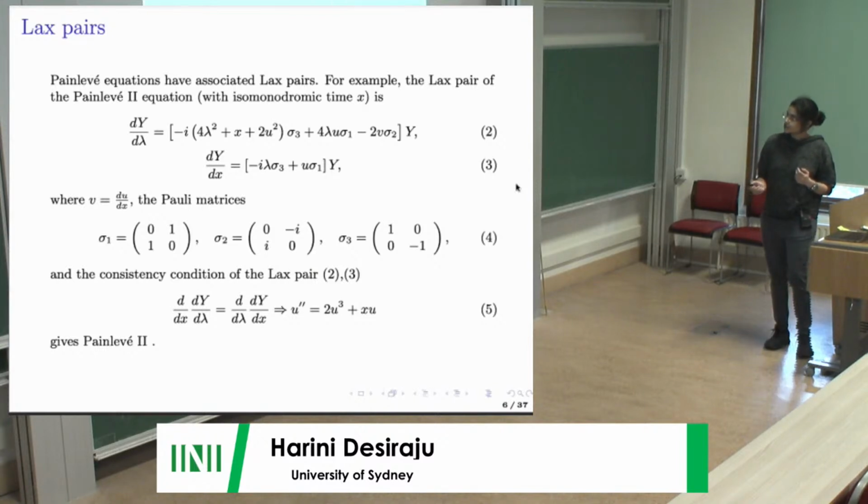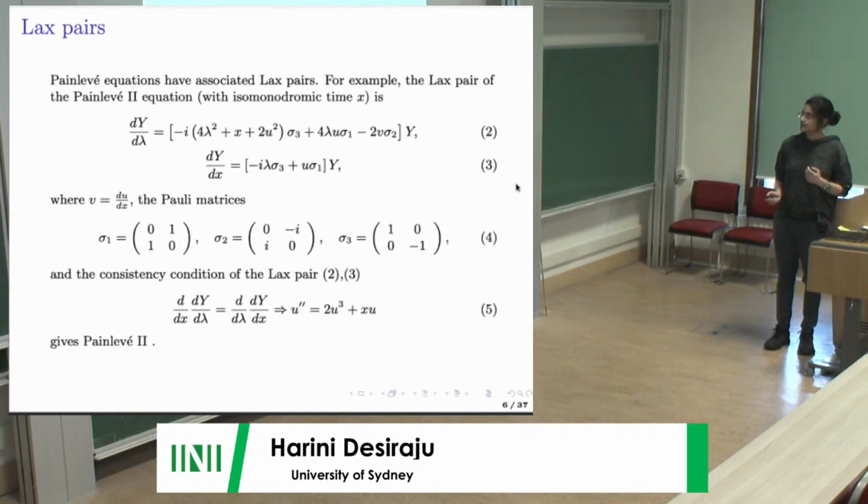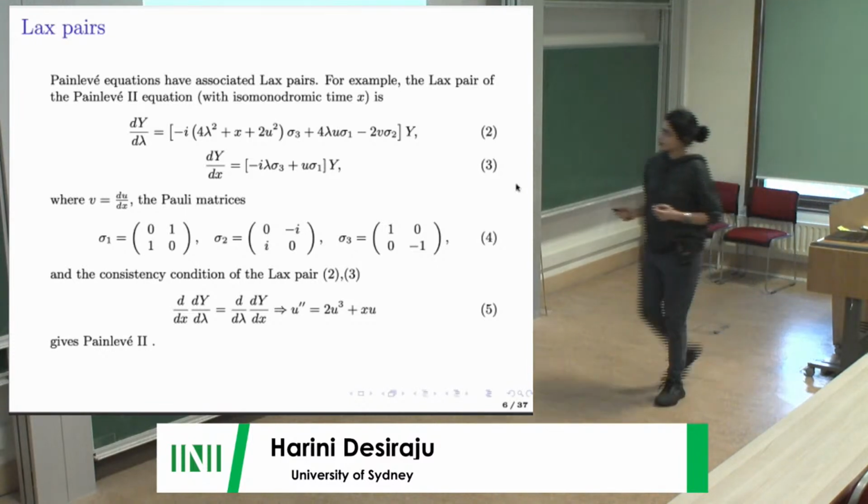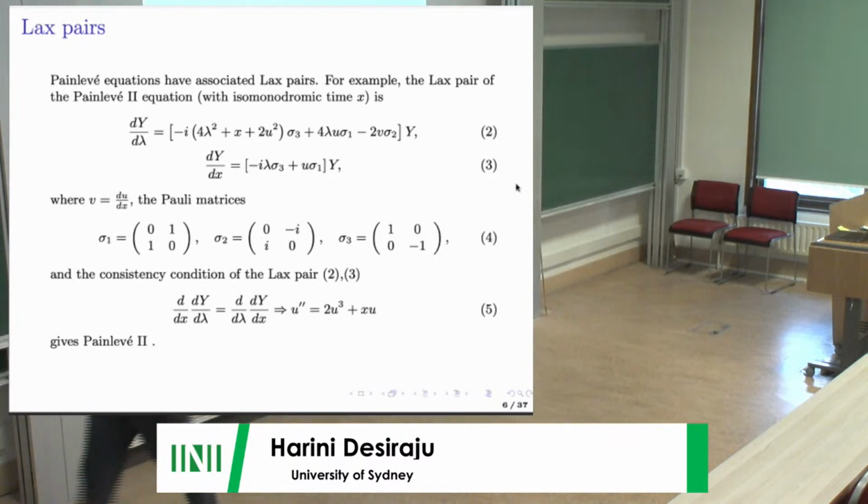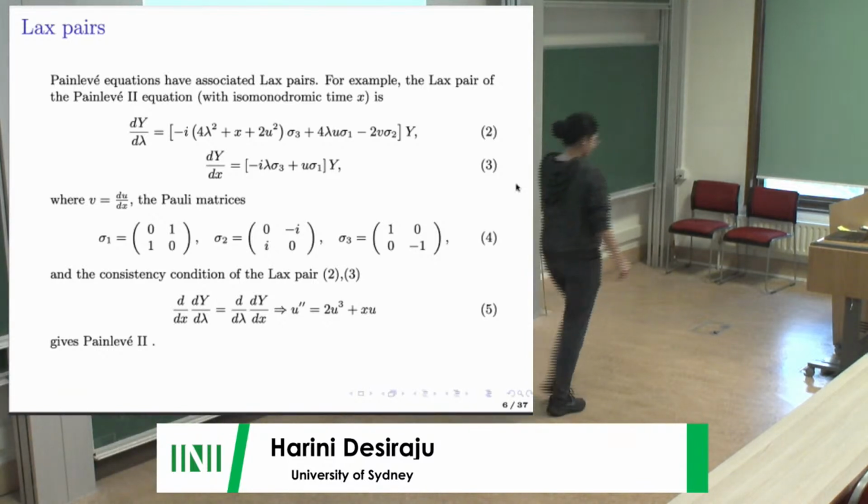And the consistency condition of the Lax pair, which just means that dx and d lambda are commutative, gives rise to this equation. Actually, this will give you some sort of an anti-diagonal matrix that has 2 equations. One will be v is u prime, and v prime is 2u cubed plus xu. Alpha I'm setting to 0. So these are the equations that you get from the Lax pair.